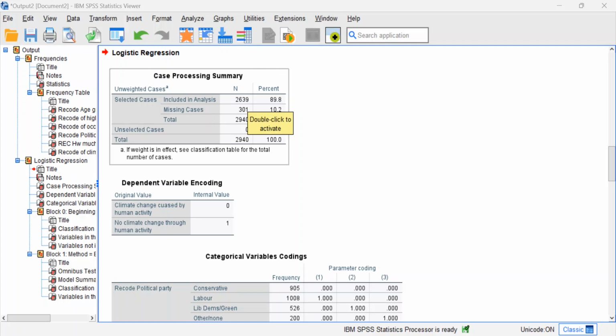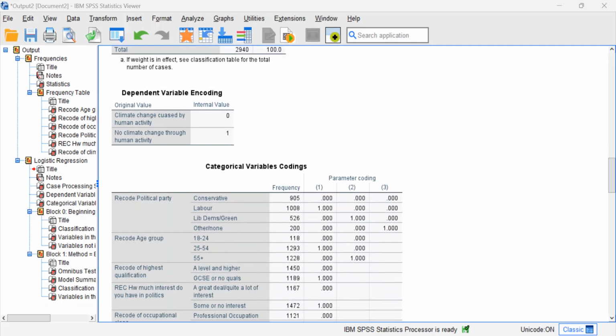We don't have any missing cases for the dependent variable, the climate change variable, so no cases have been excluded, but some cases will have missing values for some of our independent variables. So that's just showing us we've got some missing cases, but none have actually been unselected. So we see we have 2,940 cases included in the model.